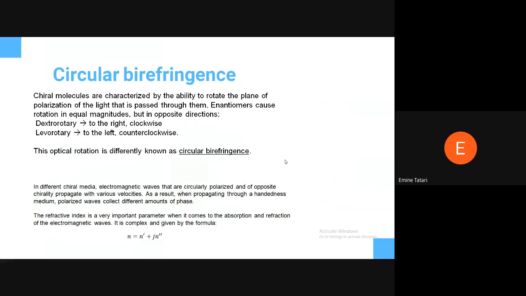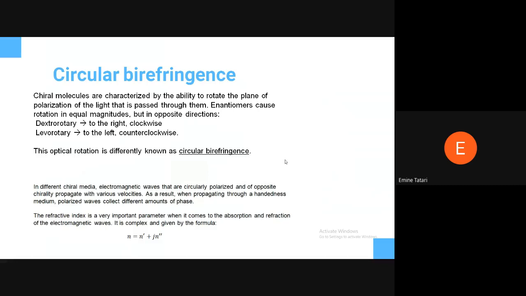Enantiomers cause rotation of equal magnitude but in opposite directions. According to the direction they rotate, they have two names: dextrorotatory, which is the rotation to the right or clockwise, and levorotatory, which is the rotation to the left or counterclockwise. This optical rotation is known as circular birefringence.